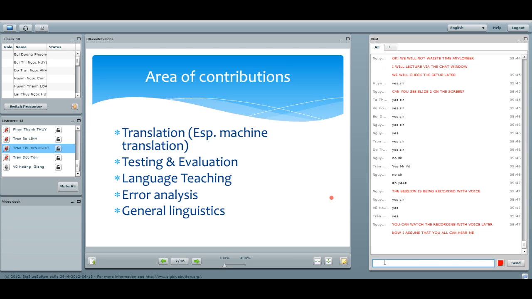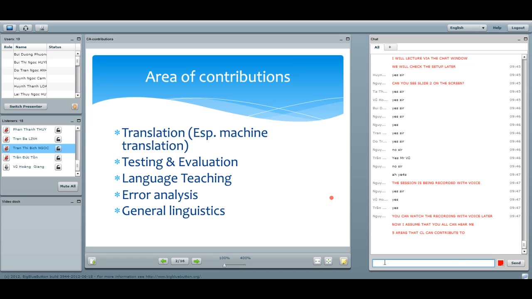Okay, so these are 1, 2, 3, 4, 5 areas that contrastive linguistics can contribute to. We start with general linguistics.